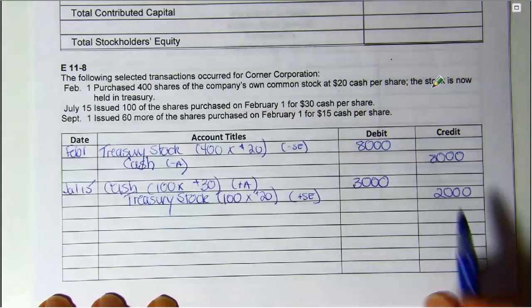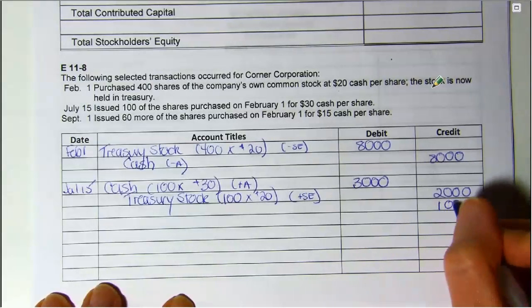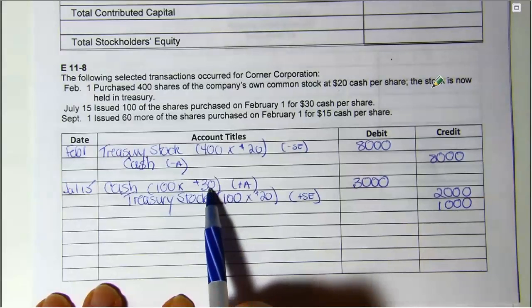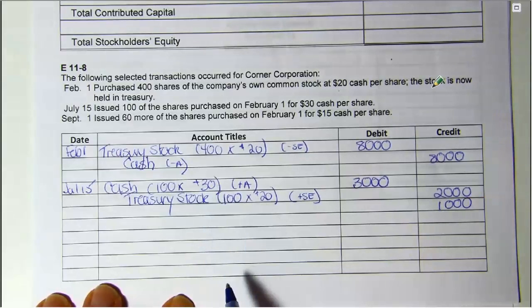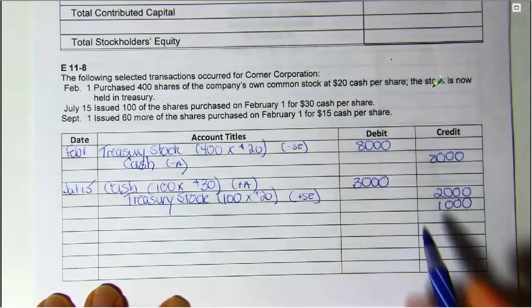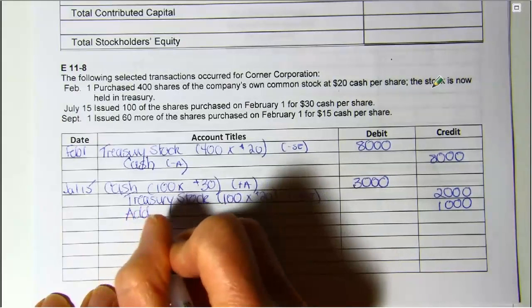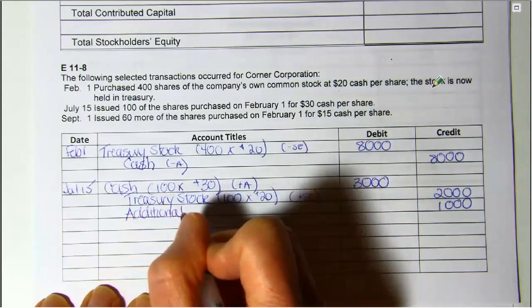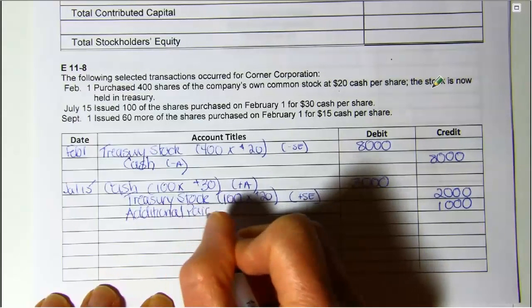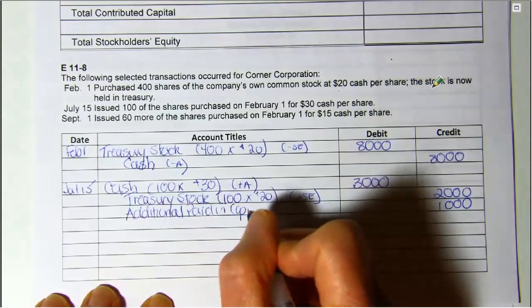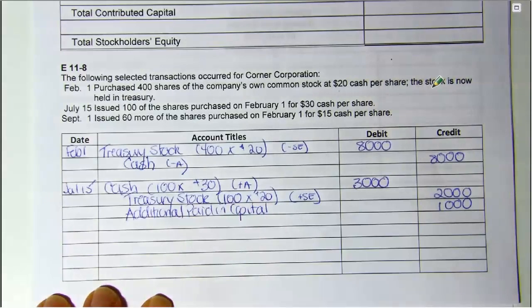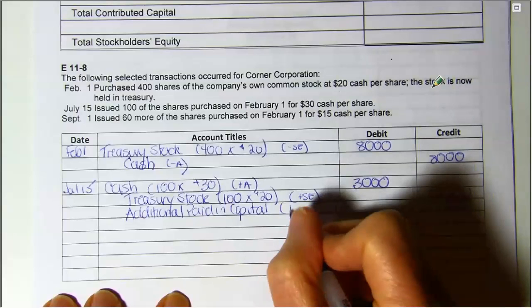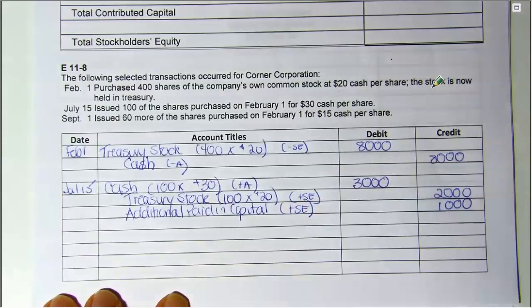So the difference between those two, 1,000, or you could say the difference between 30 and 20 is $10 times 100 shares, that's also 1,000. That goes into a stockholders' equity account called additional paid-in capital. This is, again, a stock account in the contributed capital section of the balance sheet, the stockholders' equity section of the balance sheet. So equity is going to increase $3,000 through this transaction.